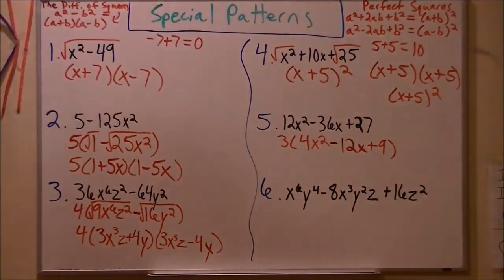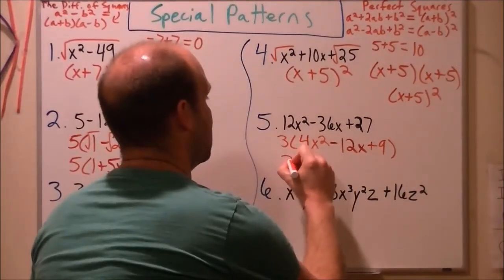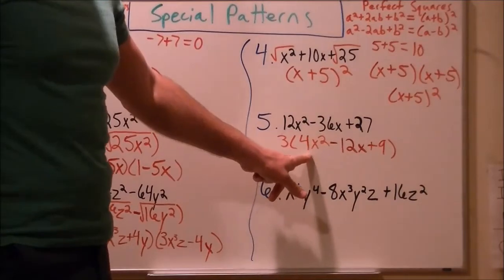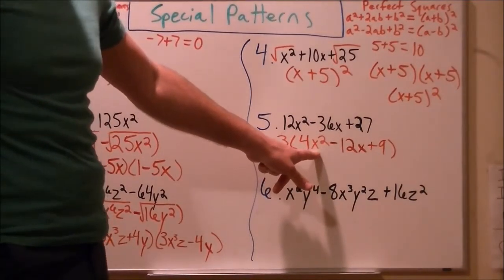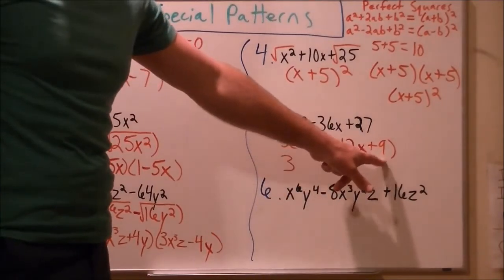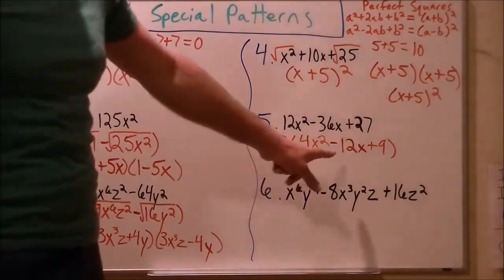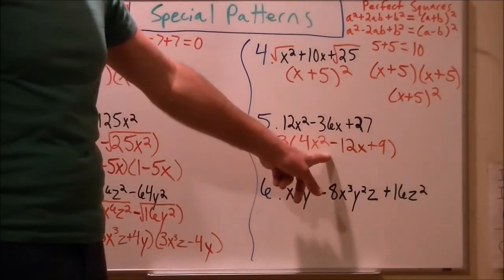Now, this really speeds these up. Bring your 3 down, but ask yourself, is 4 a perfect square? Yes. Is x squared a perfect square? Yes. Is 9 a perfect square? Yes. Is the term in the middle positive or negative? It is a negative.